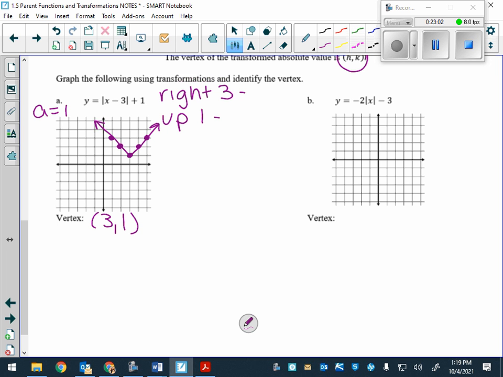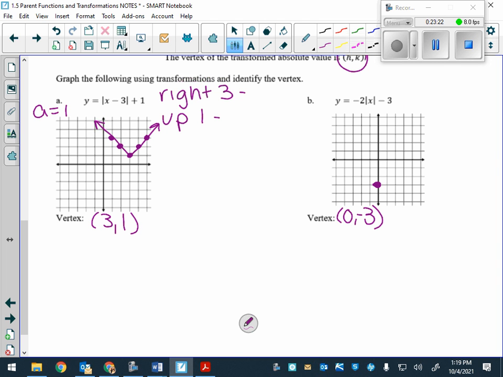Okay, if you don't see anything with the X, either added or subtracted to it, what should it be? 0, good. So your vertex is 0, negative 3.